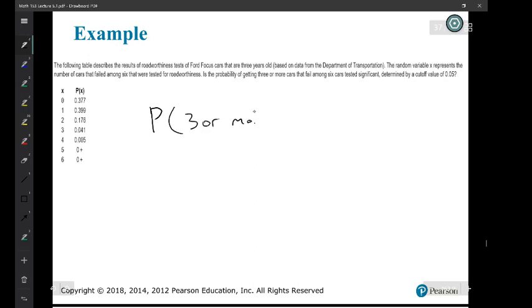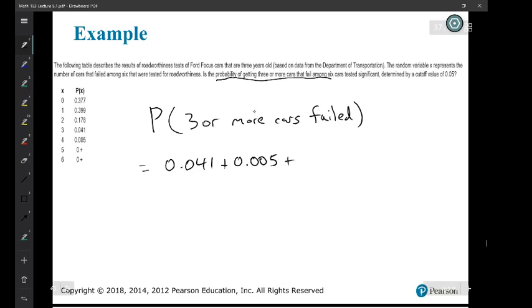3 or more cars failed here. So that includes 3. It's going to be this probability of 0.041 plus this probability of 0.005 plus the probabilities for 5 and 6, which were so small or exactly 0.